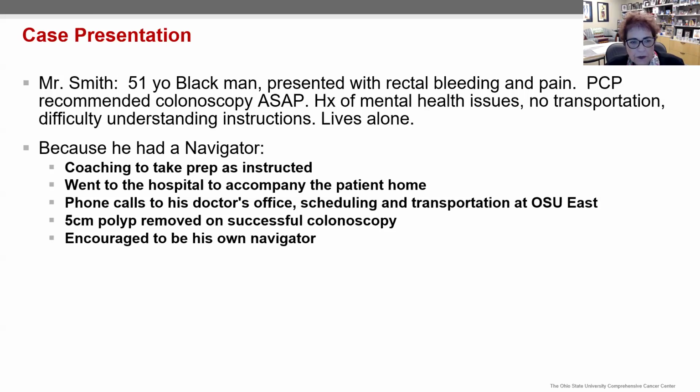She facilitated the phone calls to his doctor's office for scheduling and transportation. I believe they had to reschedule 3 times. And a 5-centimeter polyp was removed on the colonoscopy, which means we prevented a cancer in this gentleman. And then he was coached and encouraged to become his own navigator.